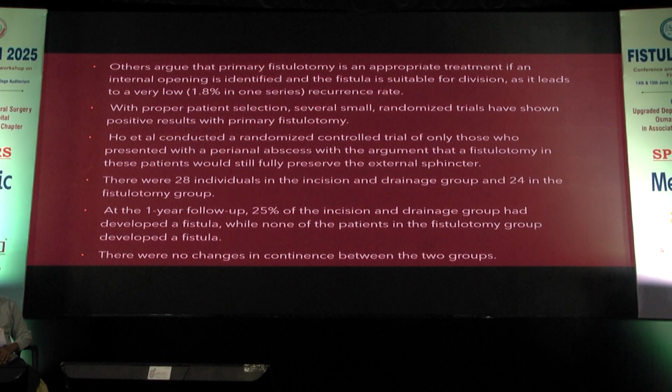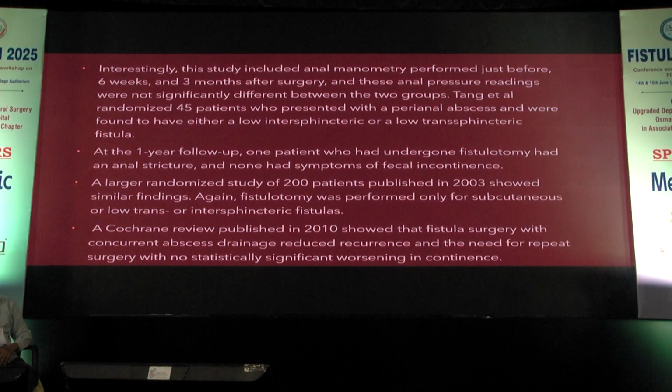With proper patient selection, several small randomized trials have shown positive results with primary fistulotomy. There were 28 individuals in the incision drainage group and 24 in the fistulotomy group. At the 1 year follow-up, 25% of the incision drainage group had developed a fistula. None of the patients in the fistulotomy group developed a fistula. There was no change in incontinence between the two groups.